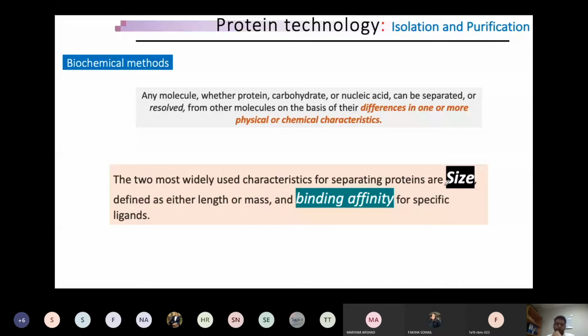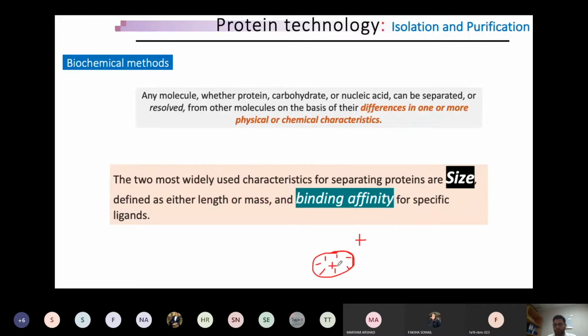Or you could also devise a way that a protein which is able to bind, for example, to a specific resin, for example, a charged resin. Your protein might be positively charged, so you could make a pot which is negatively charged all the way, so that any protein which is positively charged will bind here.